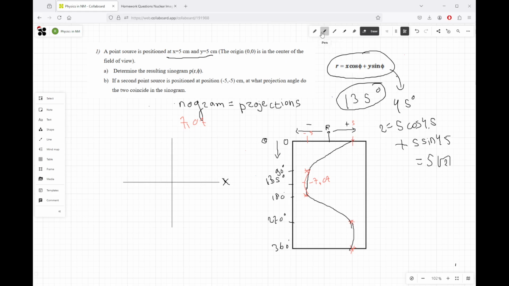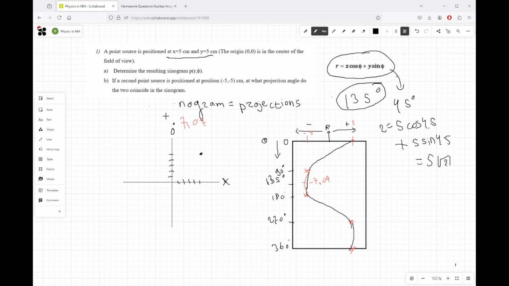I think that's also an interesting one to show. So where was the point source again? 1, 2, 3, 4, 5. Point source here. So then let's say if this is the starting angle, so this is 0, then we can use this equation right here.